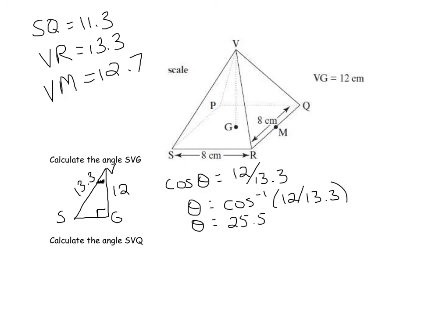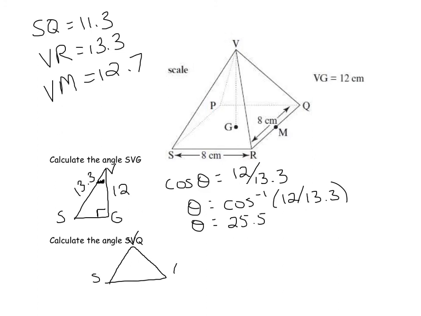Now, the next one, angle SVQ. Oh, that's like going all the way across and up. Let's look at that triangle. It's going all the way across.